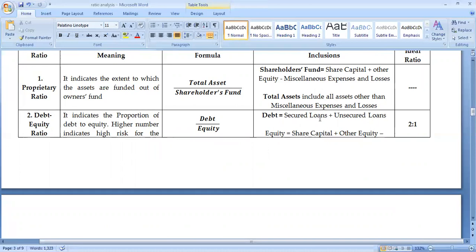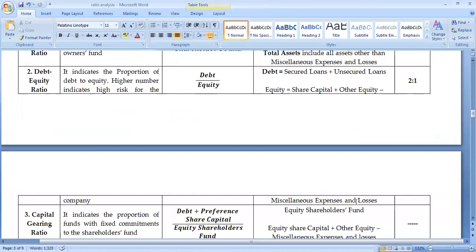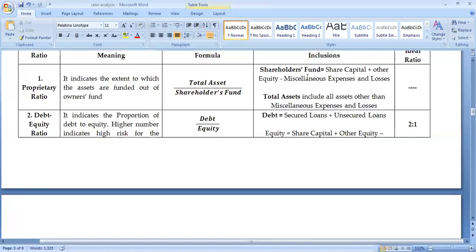Debt includes the secured loans and the unsecured loans, which are all long-term. Equity includes the share capital plus other equity, minus miscellaneous expenses and the losses, same as the shareholders fund. So for debt the ideal ratio is 2, and for equity the ideal ratio is 1.